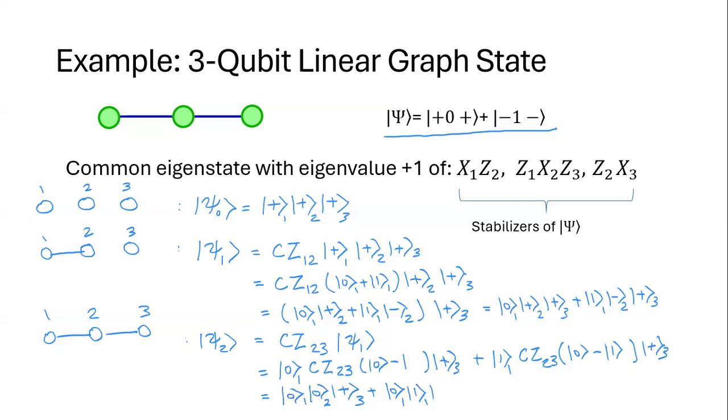This is the second qubit. So second qubit. Good. Okay. Sorry for the confusion. But okay, so CZ gate acts on the second qubit. So if the second qubit is 1, then the third qubit flips from a plus to a minus. So that's what we have here.